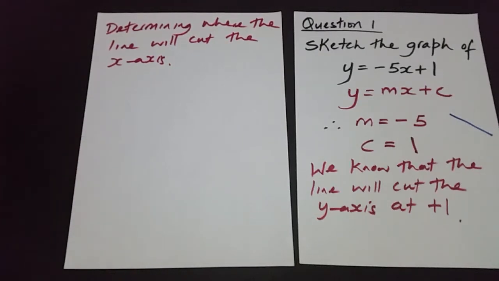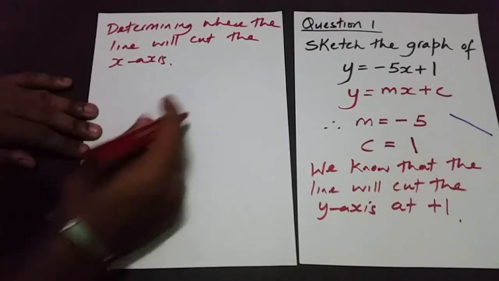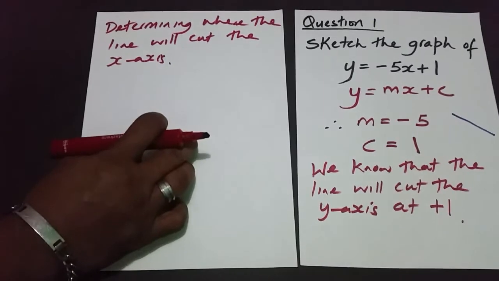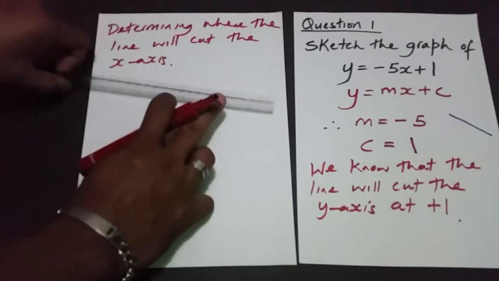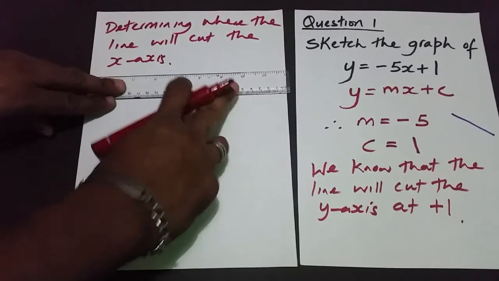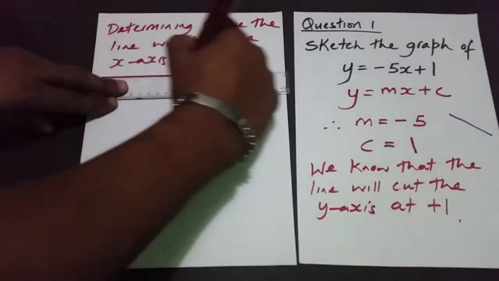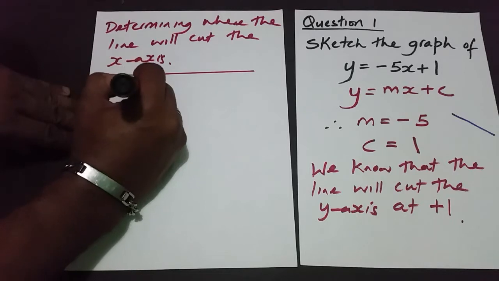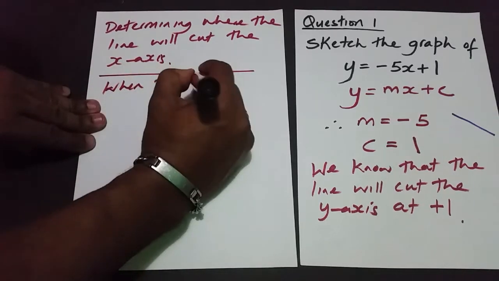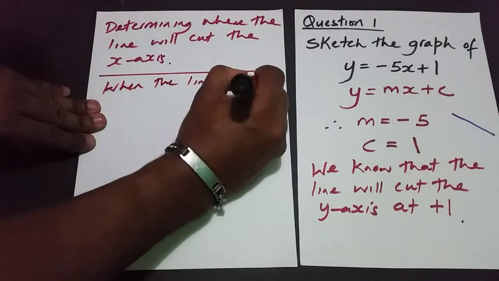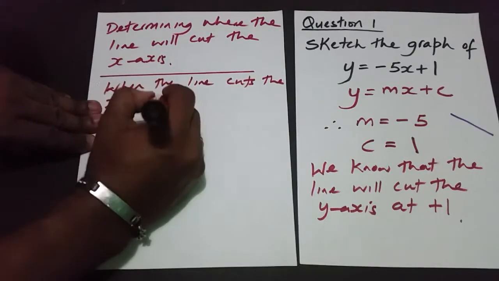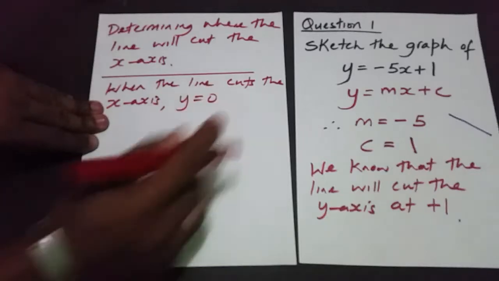All right, so the equation is this, and whenever the line cuts the x-axis, the value of y is going to be 0. Very simple. So again, when the line cuts the x-axis, we know that y is going to be equal to 0.